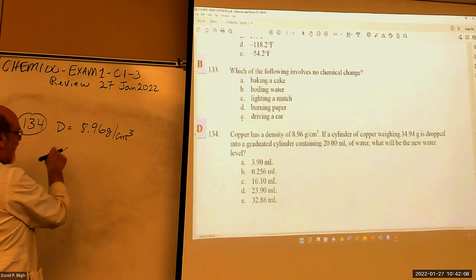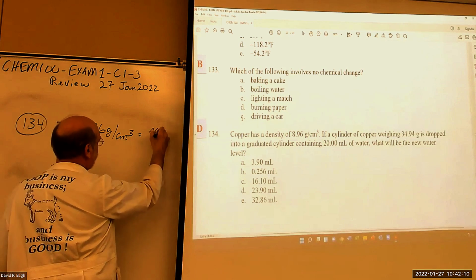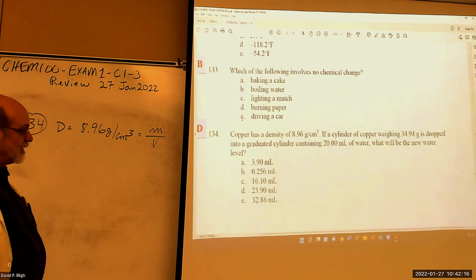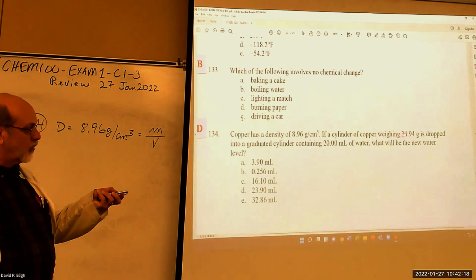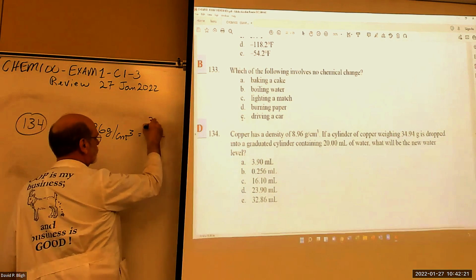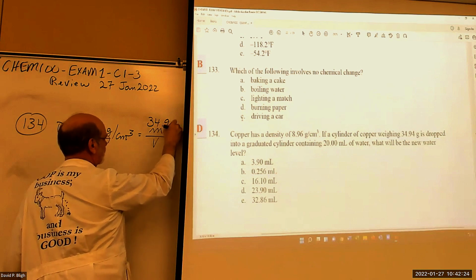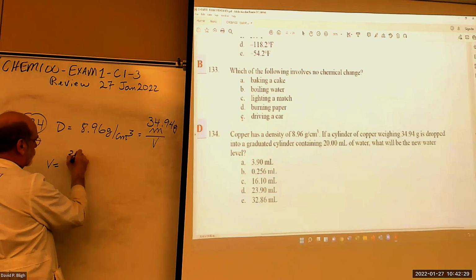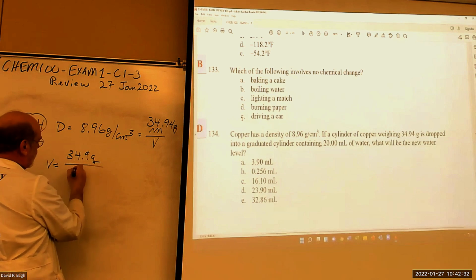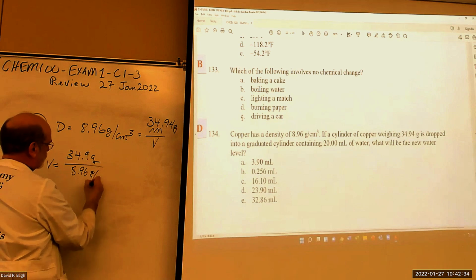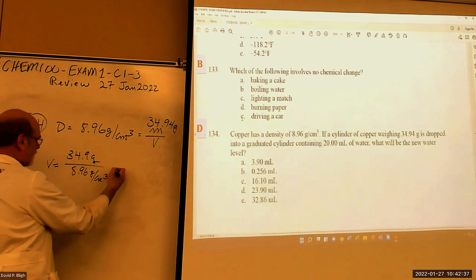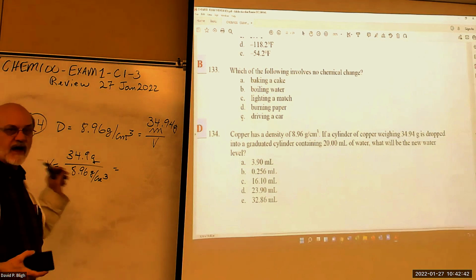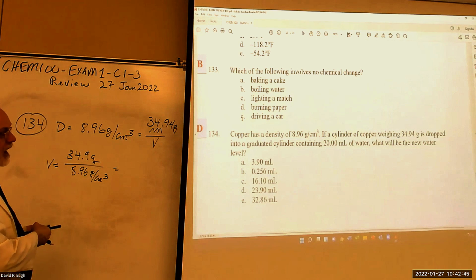If we know density is that, then this is equal to mass per unit volume. What else are we given? 34.94 grams. So we can solve for volume. This volume is 34.9 grams divided by 8.96 grams per cubic centimeter. That will give us the volume of the copper cylinder.